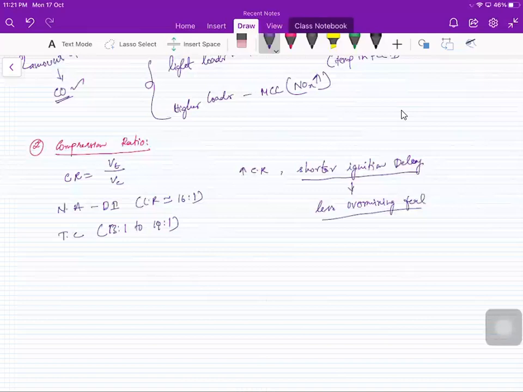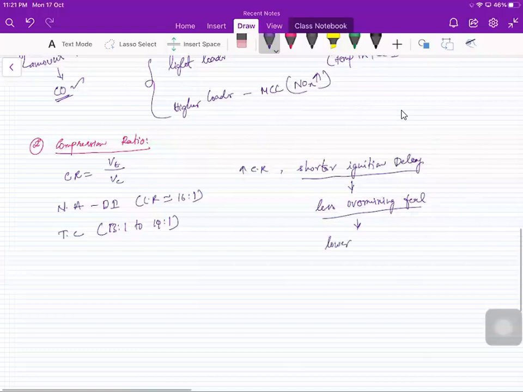So if you have less over mixing, this will tend to lower the HC emissions. Okay. So this process takes place if your compression ratio is increased.